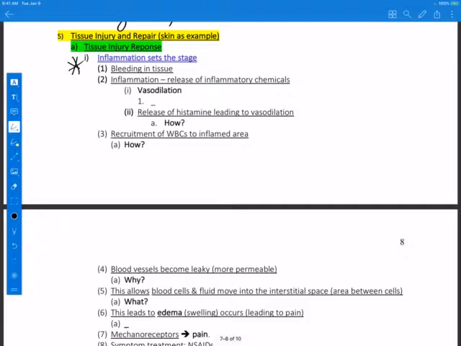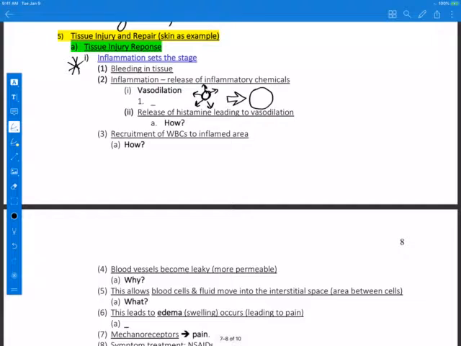If you injure tissue, you will inevitably damage some cells, and those cells will release inflammatory chemicals that lead to local vasodilation. Vasodilation is when the lumen of a blood vessel expands and gets bigger. So it would lead to a larger lumen.